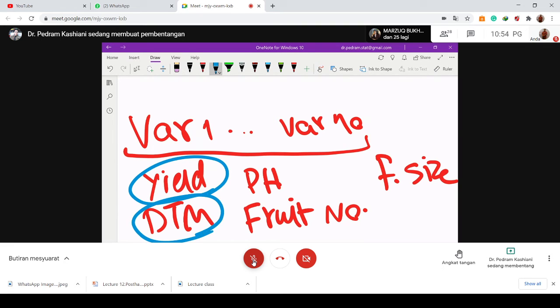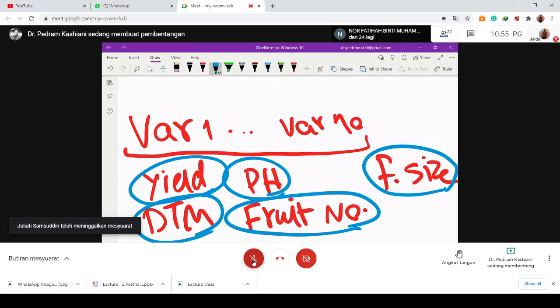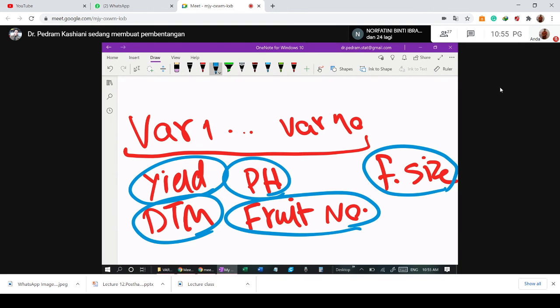So if I want to talk about which variety is the best for yield, I use ANOVA. If I want to say which variety has the biggest fruit size, I use ANOVA because I'm talking about one variable at a time.